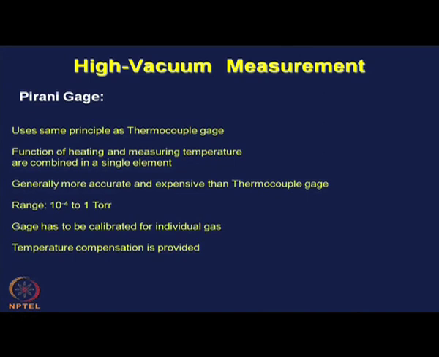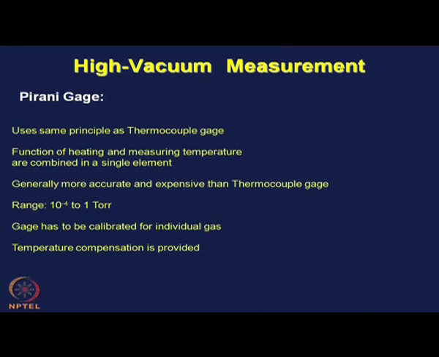Let us now talk about Pirani gauge. Pirani gauge uses the same principle as thermocouple gauge. However, here the functions of heating and measuring temperature are combined in a single element. It is generally more accurate and expensive than thermocouple gauge.